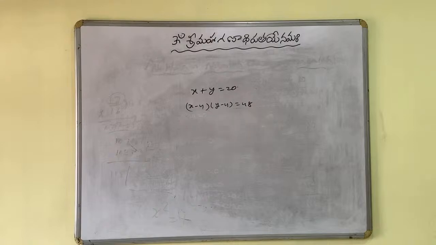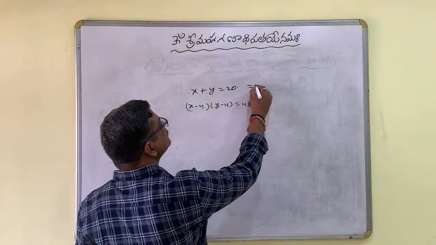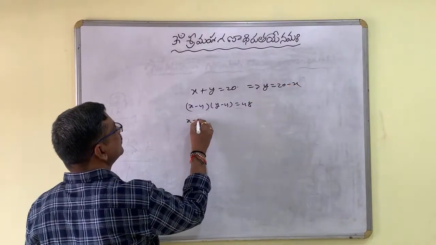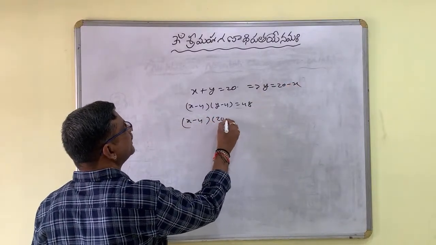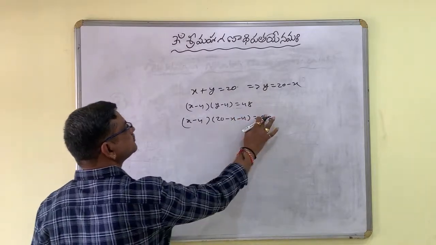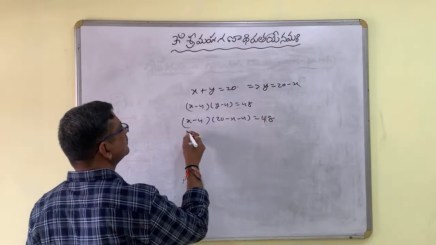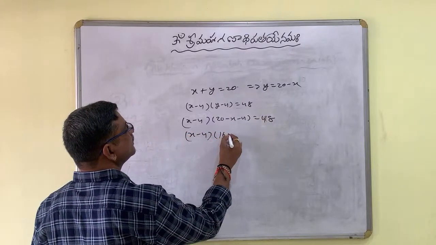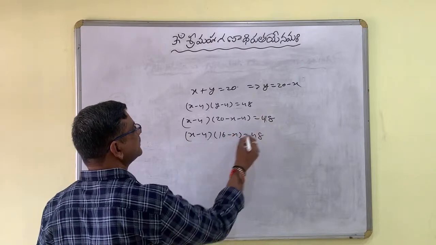Now simplify this. From this we write y is equal to 20 minus x. So x minus 4 into 20 minus x minus 4 is equal to 48. So x minus 4 into 16 minus x is equal to 48.